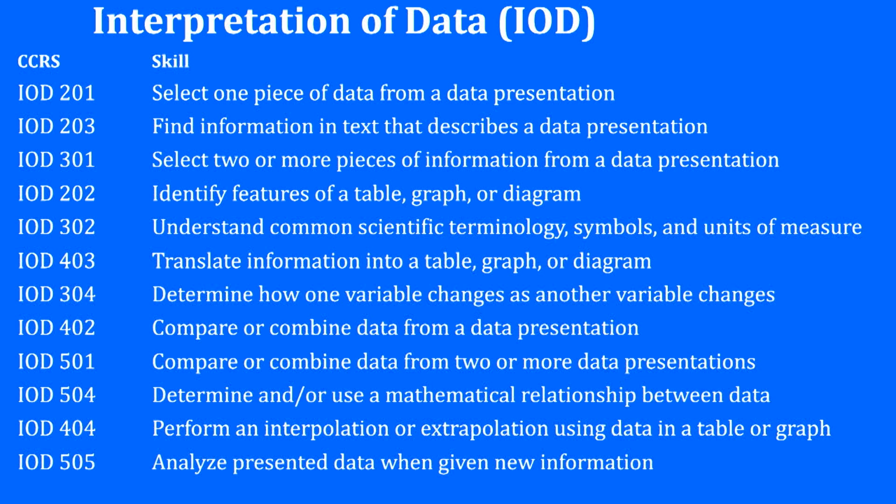So you can see that the ones at the top and the ones at the bottom are testing vastly different skills, and the difficulty is very, very different as well. Again, for each passage, the questions are arranged from least difficult to most difficult. So you might get some of the ones at the top for questions 1, 2, and 3, but when you get to questions 5, 6, and 7, you'll probably be using these skills down at the bottom. Okay, so that's the IOD.